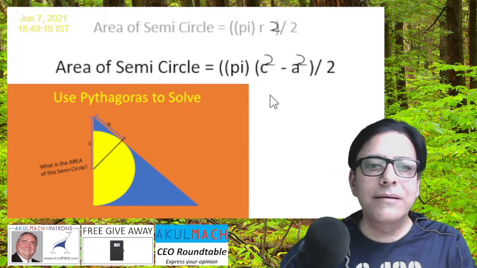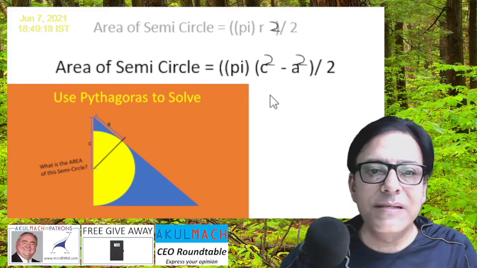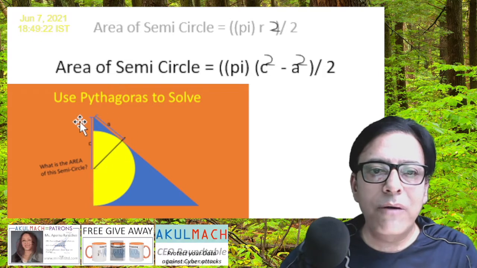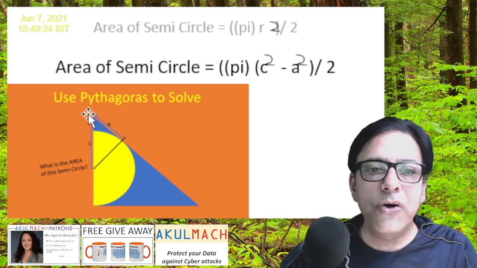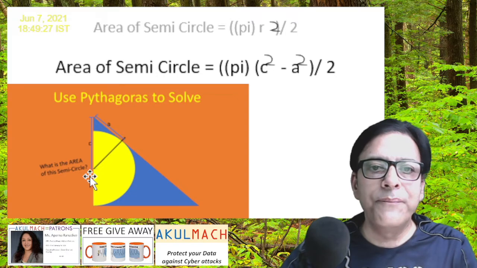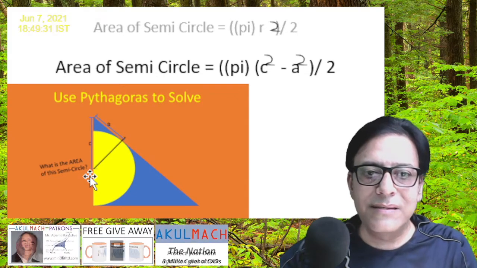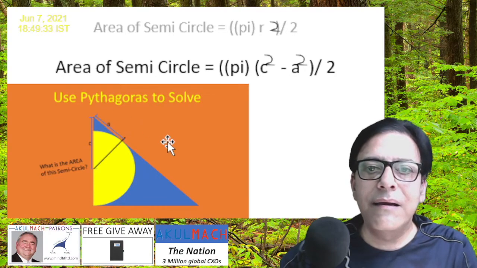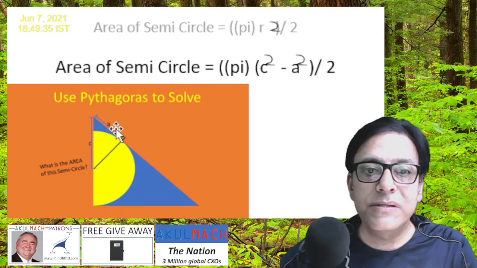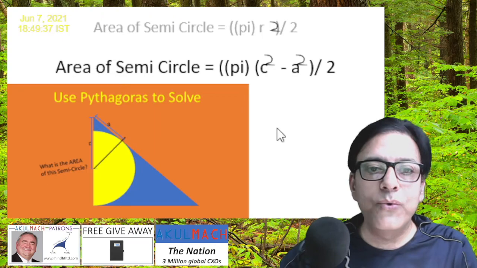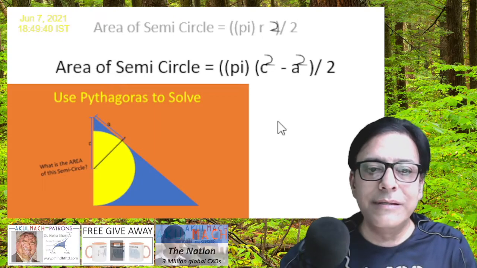So let's look at our figures again, and this small triangle on this side will give us all the answers, where the area of the semicircle is equal to pi times C square, C is this side, minus A square, which is this side, and divide that by 2, and we will get the area of the semicircle.